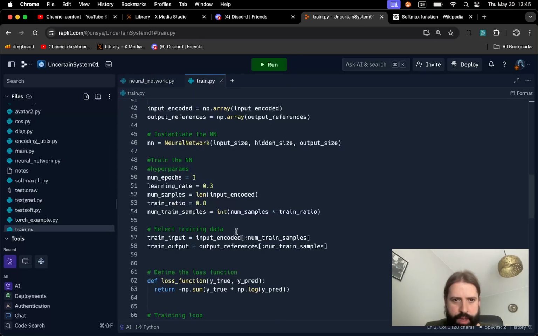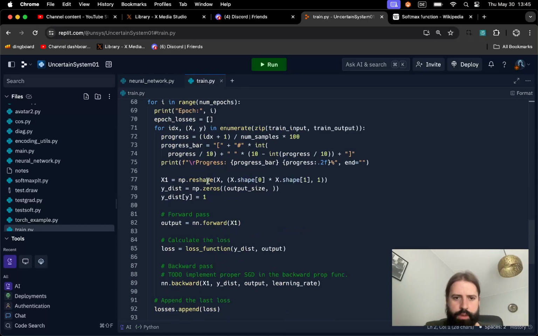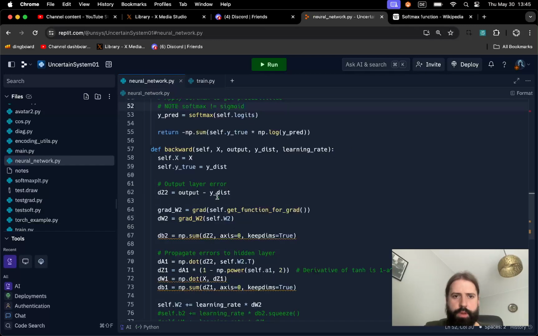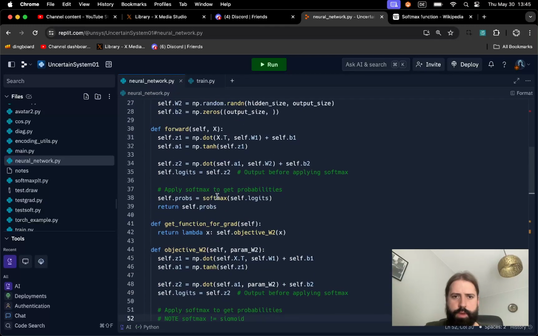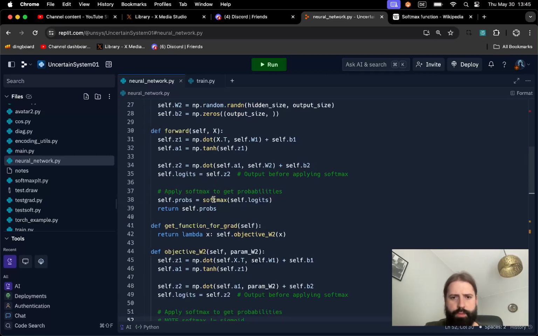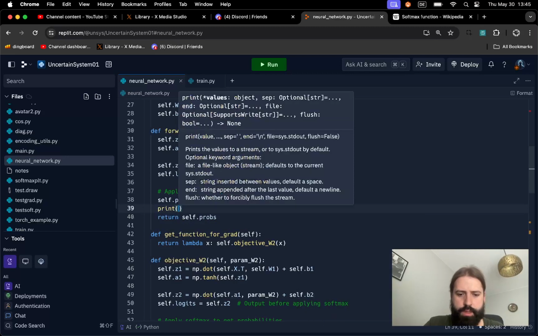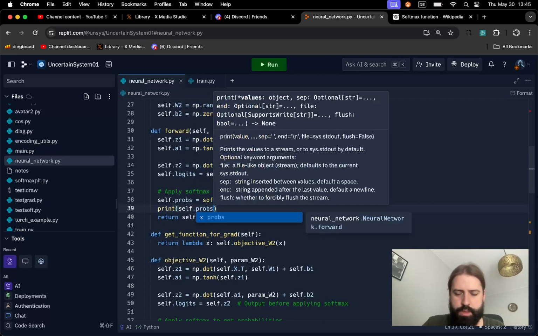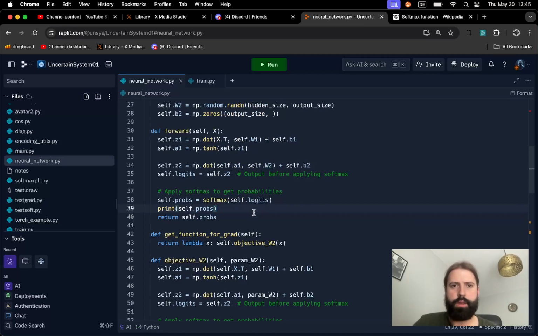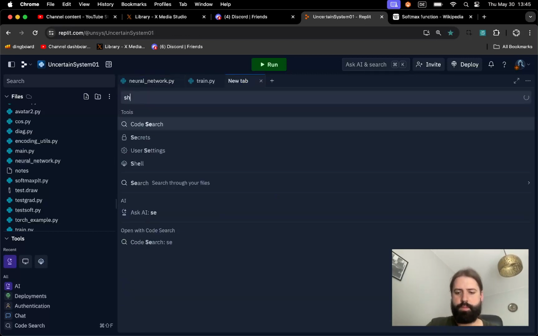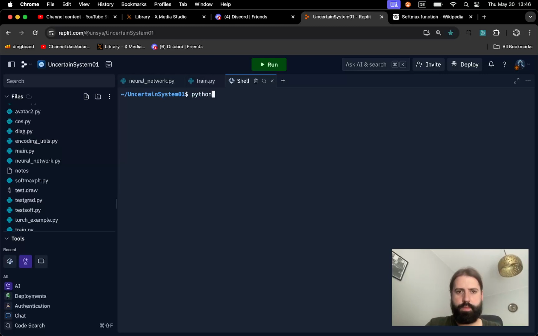When I do the forward pass, the forward objective, we do these probabilities in here, right? So let's try to print these for a second. These are big vectors, right?